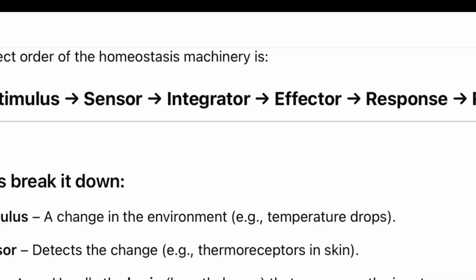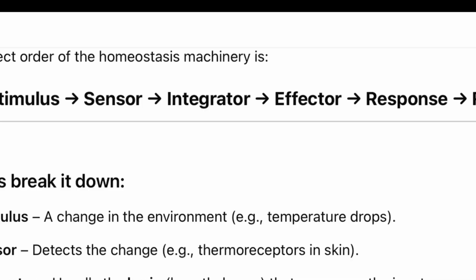Then the integrator, usually the brain or hypothalamus, that processes the input. Muscles shiver and thus produce heat energy. Heat production is the response, and as a result, the body temperature rises. This pathway is the classic negative feedback loop used in homeostatic control systems.